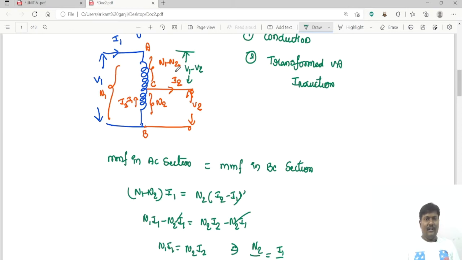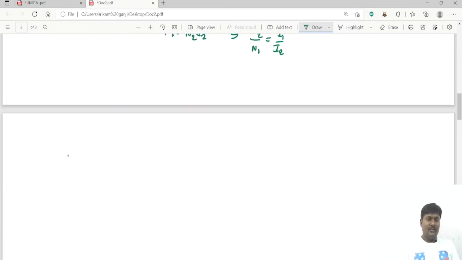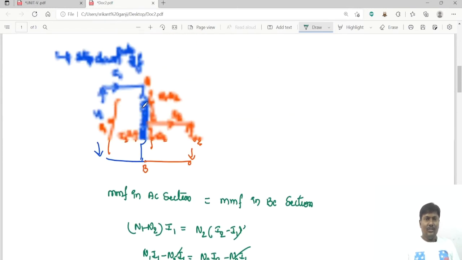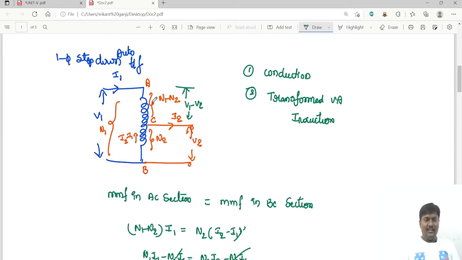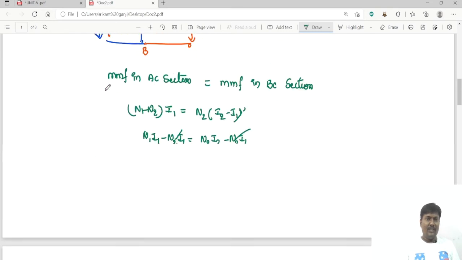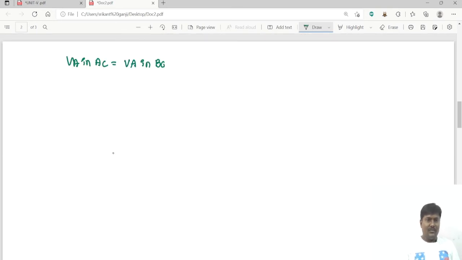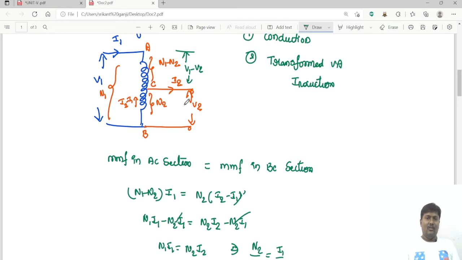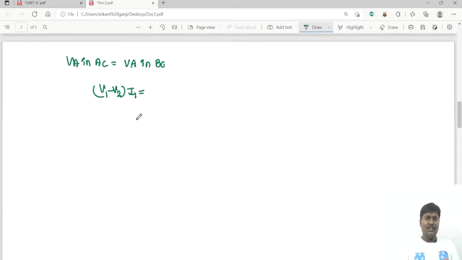And the volt ampere in the AC section should be transferred through induction to the volt ampere in the BC section. The voltage in the AC section is V1 minus V2 and the current is I1. So V1 minus V2 into I1 should be equal to the output voltage V2 into the current I2 minus I1.